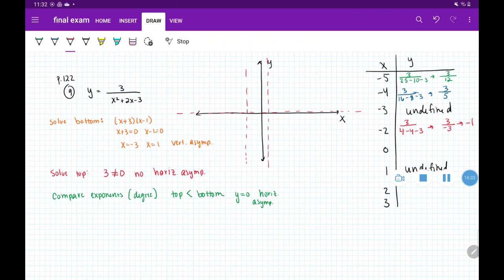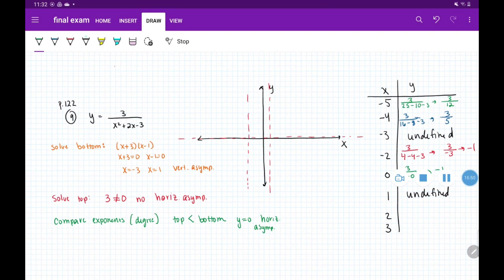And then, 3 over 0 plus 0 minus 3. -1 again? Okay. 3 over 4 plus 4 minus 3.